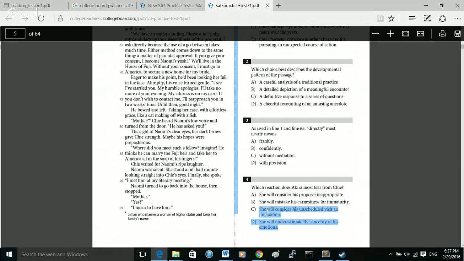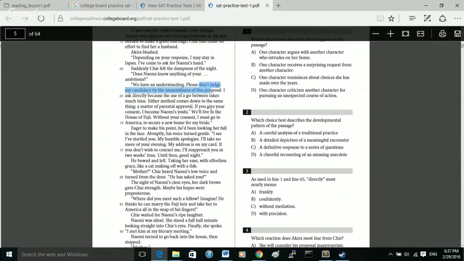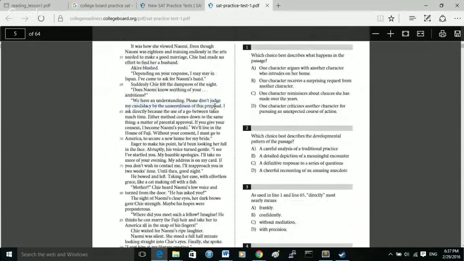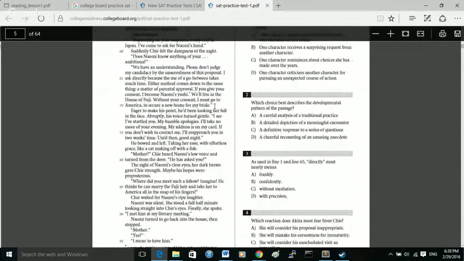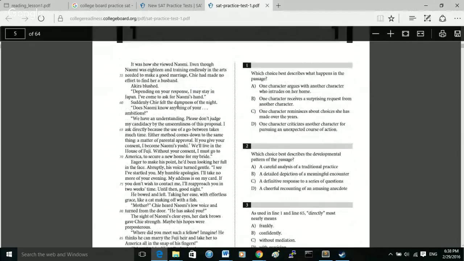But let's also look for evidence to make answer choice C false. She would consider his unscheduled visit an imposition. If we look back here, he doesn't really talk about his visit being unscheduled and how it'll be not great for Chi.